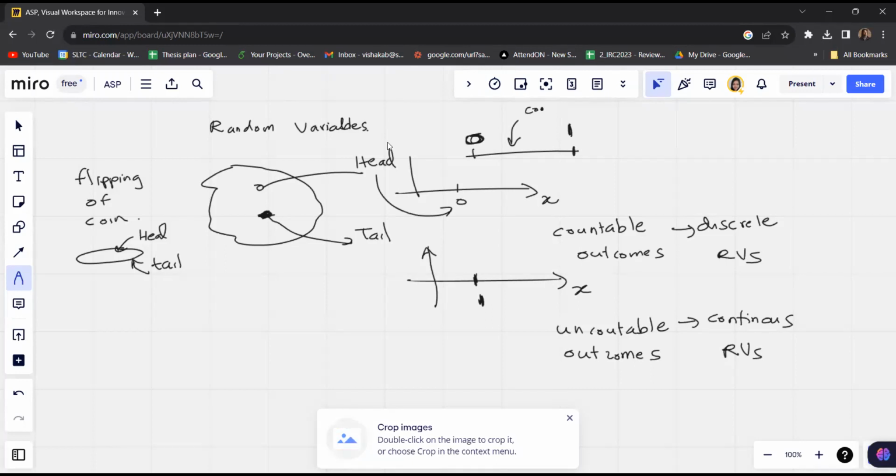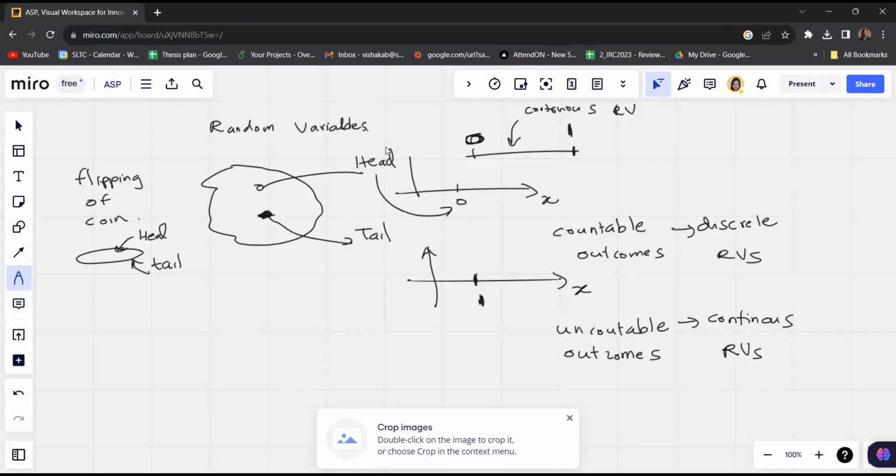Each outcome will be denoted using a real number. So it could be 0.1, 0.001, likewise up to any point between 0 and 1.